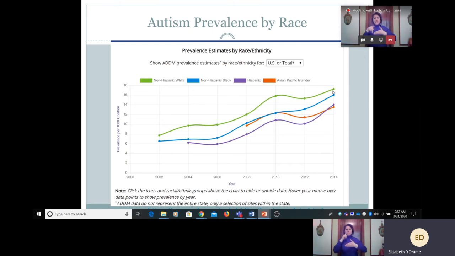Whites are identified at higher rates, but the gap between white and non-Hispanic Black, Hispanic, and Asian Pacific Islander children is closing overall, but the data varies by state, okay? Because states have different diagnostic criteria that they work with.